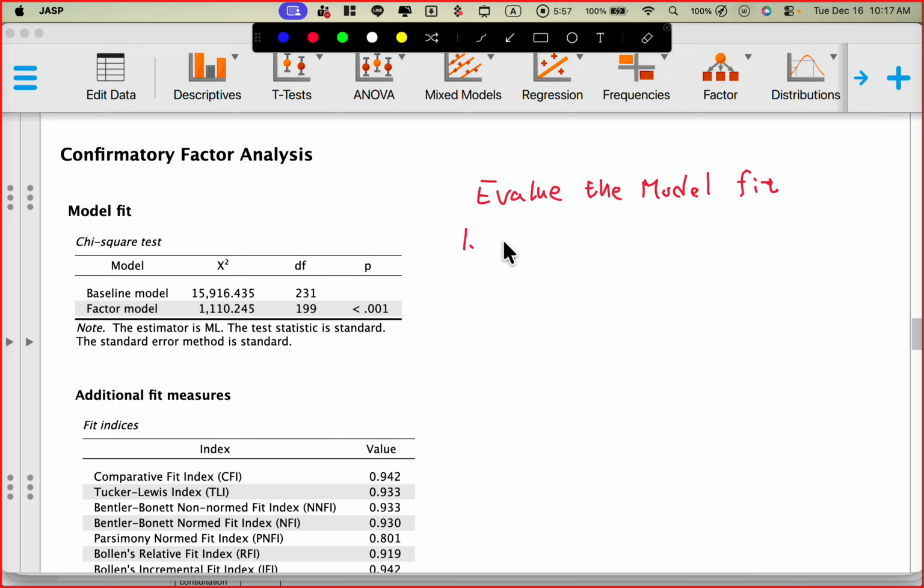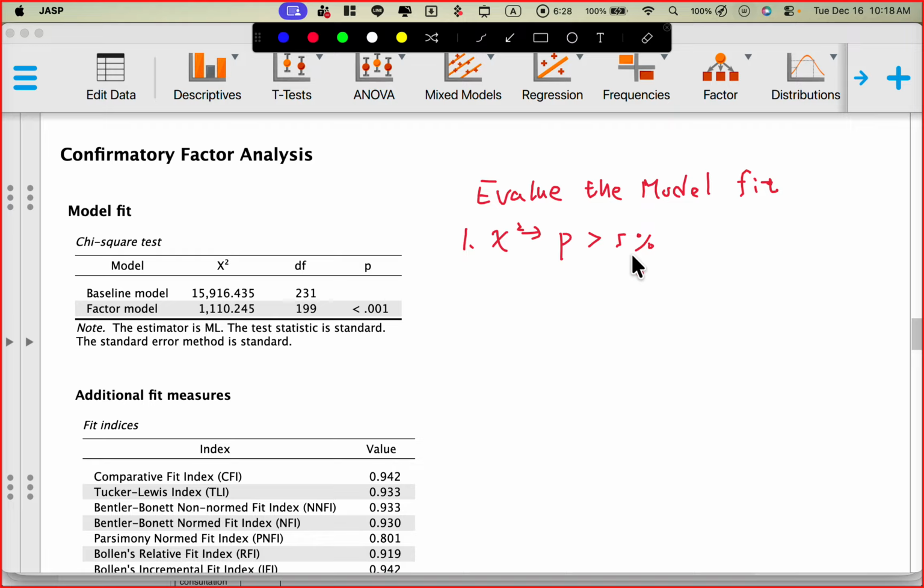The first one is the chi-square test. The chi-square p-value is less than 5%. So we have to say something. What does that mean?